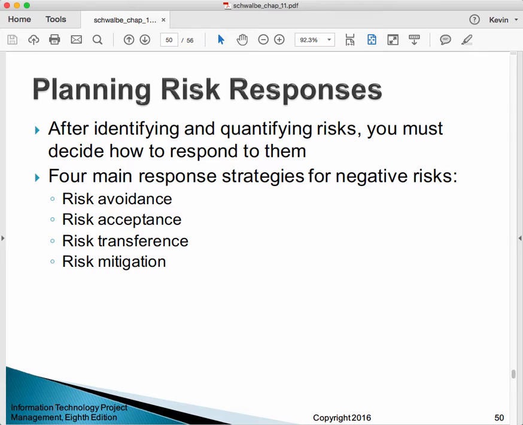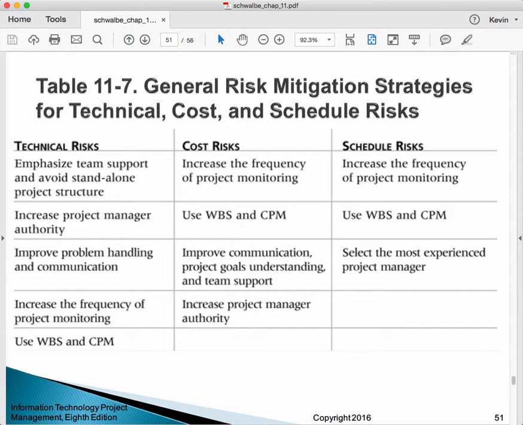Planning risk responses. So after identifying and quantifying risks, you must decide how to respond to them. We can have 4 main response strategies for negative risks: risk avoidance, risk acceptance, risk transference, and risk mitigation.